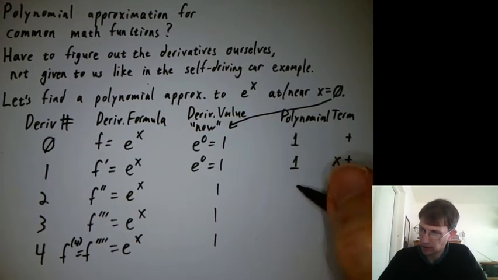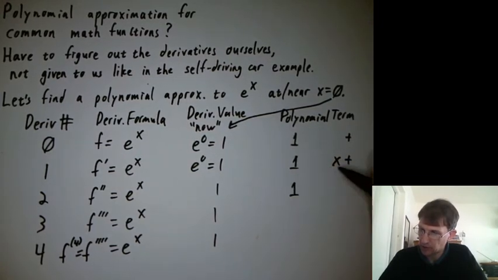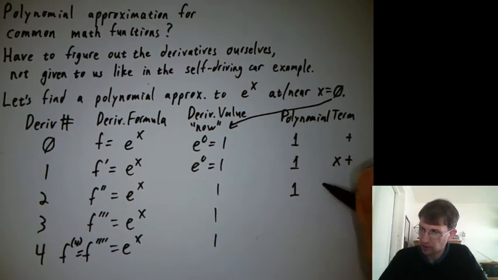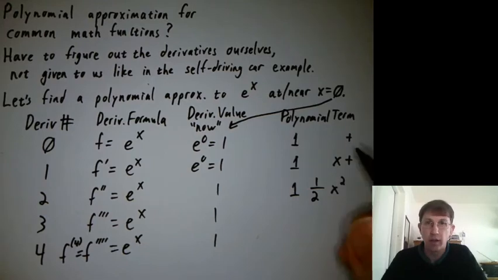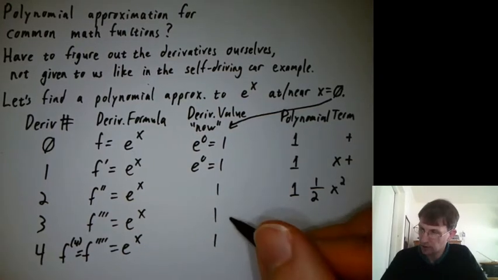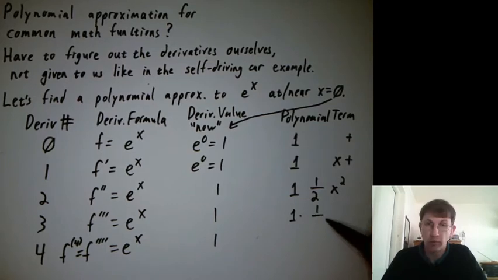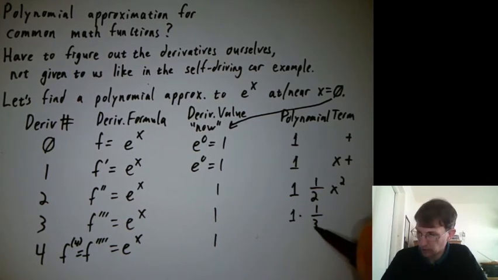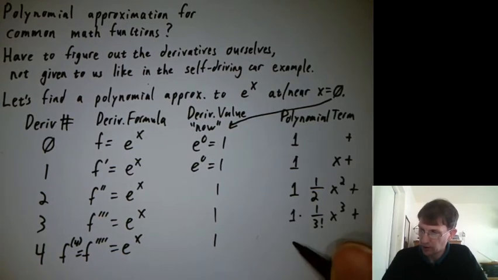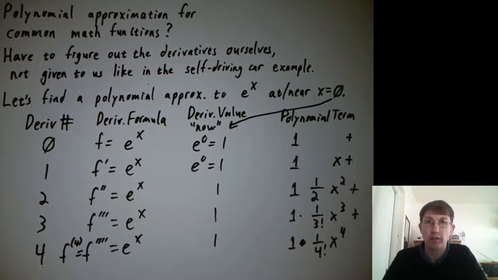And then acceleration of 1 times, what was it? 1/2 x squared, or t squared. And then how about this one? Still a 1 there. And then remember we had 1 over what? 3 factorial x cubed, or t cubed. And then following the pattern here, 1 times 1 over 4 factorial x to the 4th.